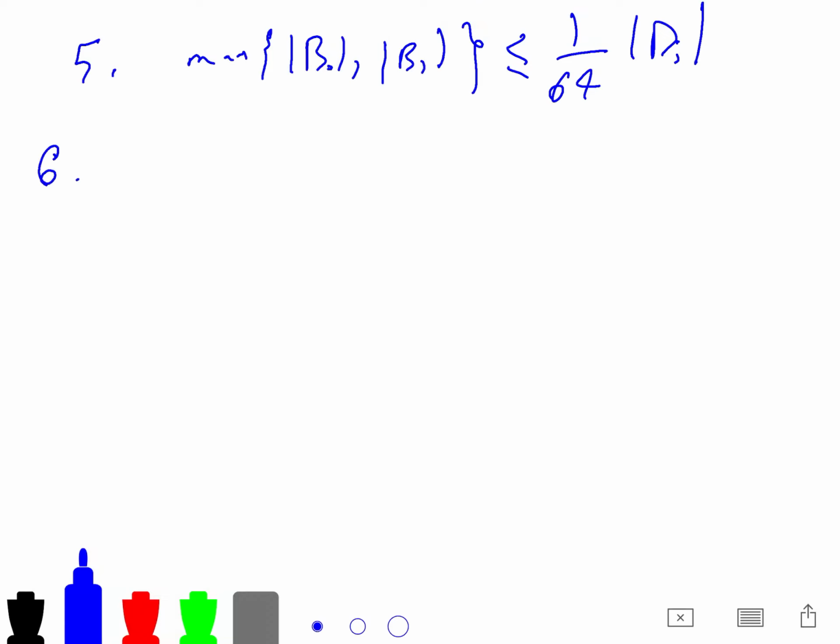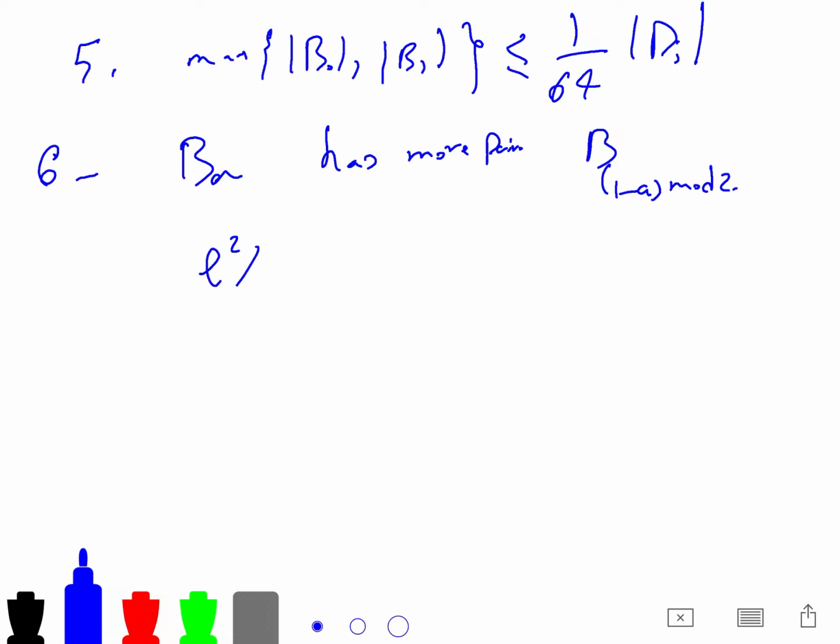Otherwise, you go to the next step, which says that, let's say that BA has more pairs than B1 minus A mod 2. And we define the partition by deleting all edges at distance L2 over 2F.